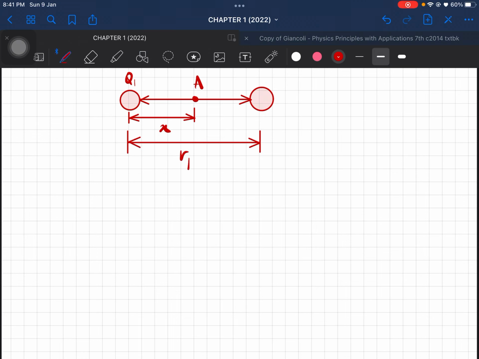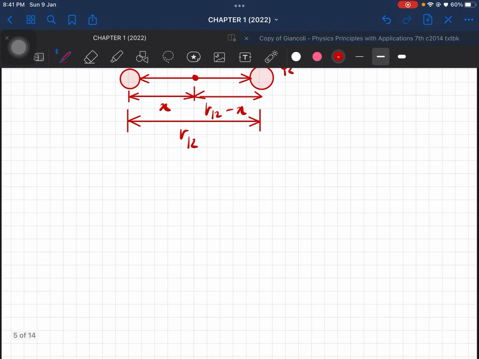I'm just going to write R1 too. So this one here is going to be R12 minus X, right? We are looking for the value of X, which is the distance.